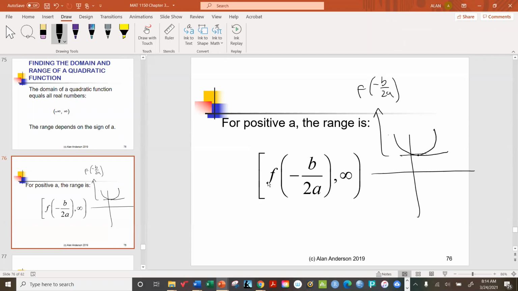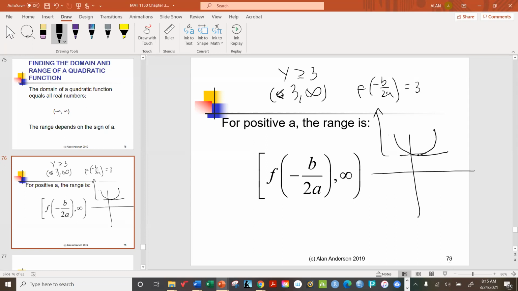And what this is saying is that y cannot fall below this value. So let's just make up a number here. Suppose this is 3. What this is saying is that y is greater than or equal to 3, or we could write it in interval form as y falls somewhere between 3 and positive infinity.